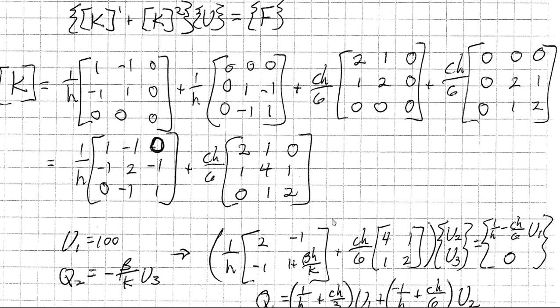We already know U1. That was a boundary condition. So that is known. And we know Q2 is a function of U3. So we basically simplify this down. If you carefully work through this, you'll find that this is the form you'll need. You could simply do this in the general form. Ultimately, you'll get it down to here.